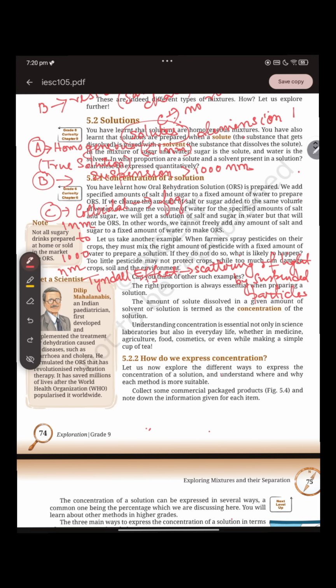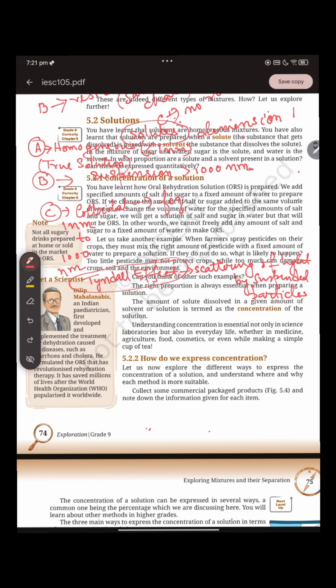Okay, so now what happens over here is that when you try to filter them, then what happened? True solution, you couldn't separate the components. Suspension, you could. Colloid, you couldn't, right? Now, you know what is the natural way of seeing Tyndall effect?